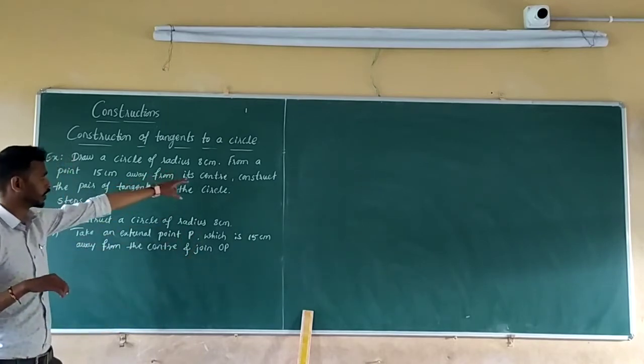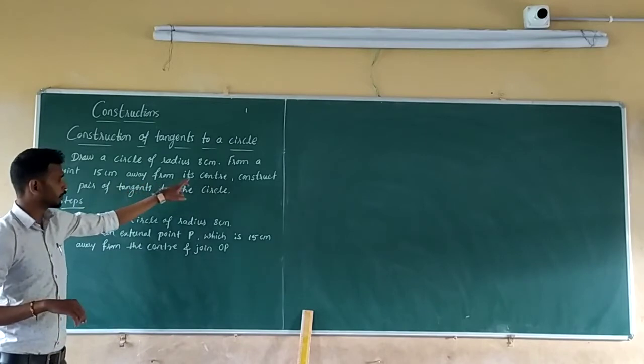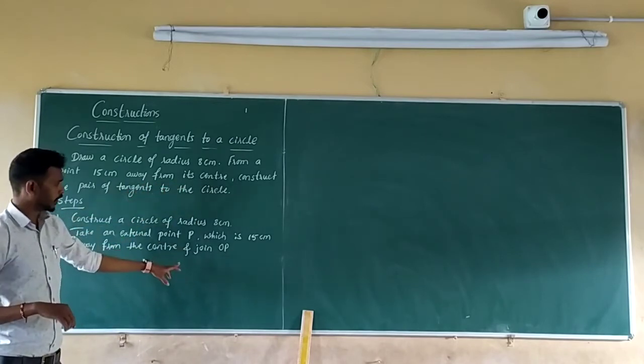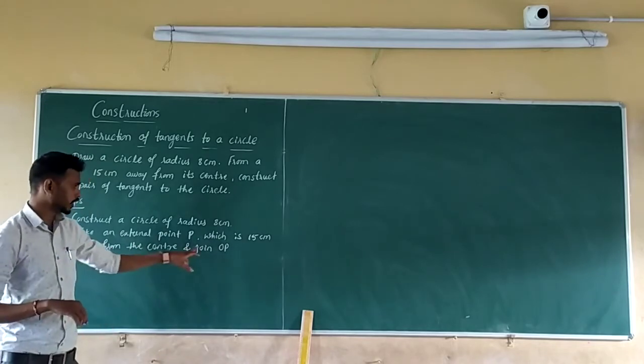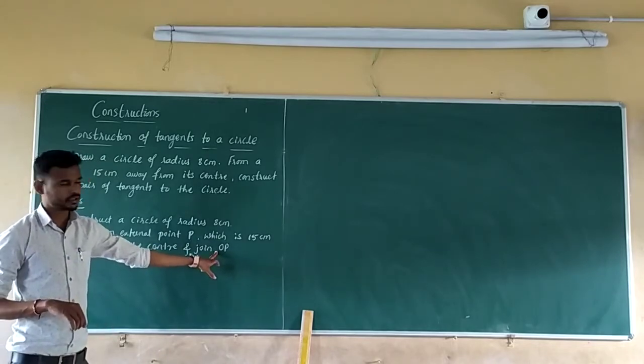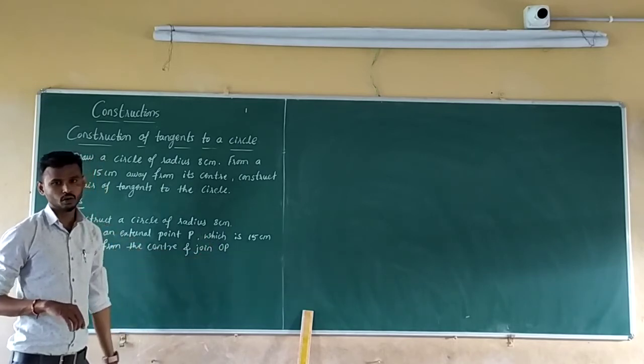They only give, from a point 15 centimeter away from its center. Means take a point P which is 15 centimeter away from the center and join OP. Center means O and external point P, and join OP.